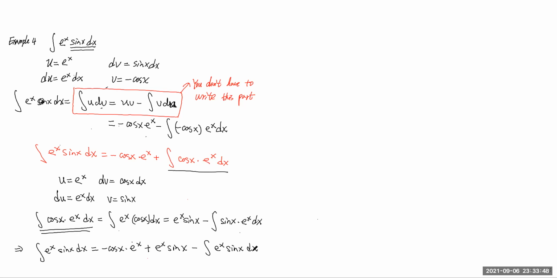So you can see these terms are the same if we just change the sign, right? So it means that we move this term from the right hand side to the left hand side. So we will get 2 times the integral of e^x sine x dx is e^x cosine x plus e^x sine x.